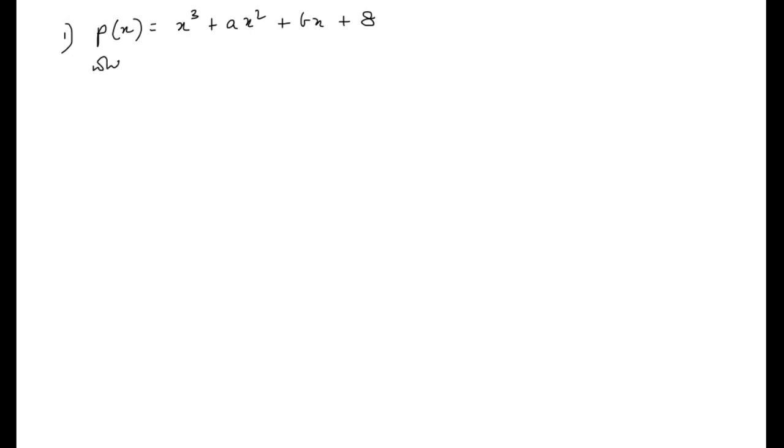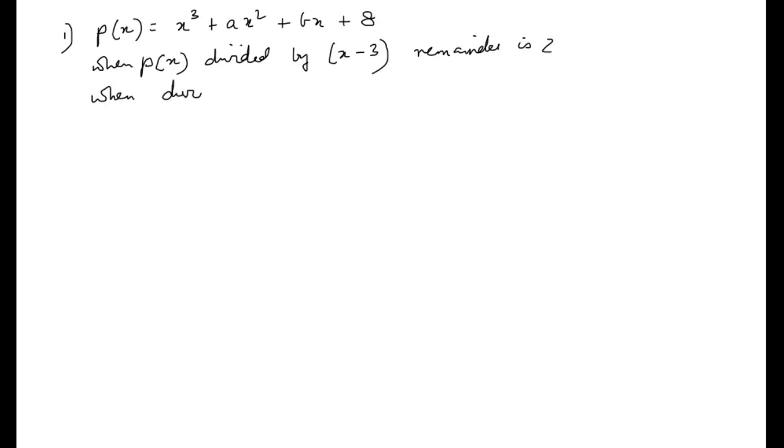When P of x is divided by x minus 3, the remainder is 2. And when divided by x plus 1, the remainder is minus 2. Find A and B.